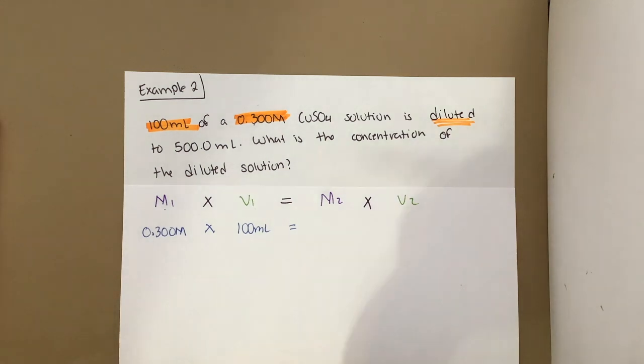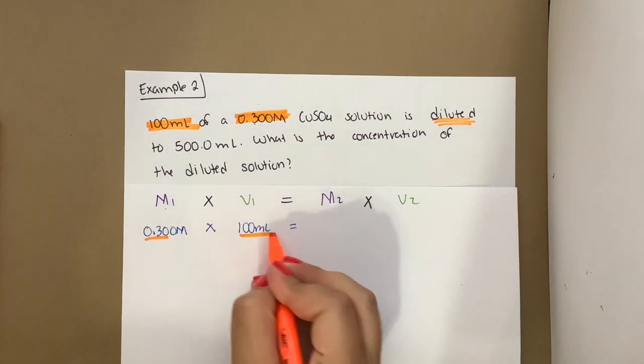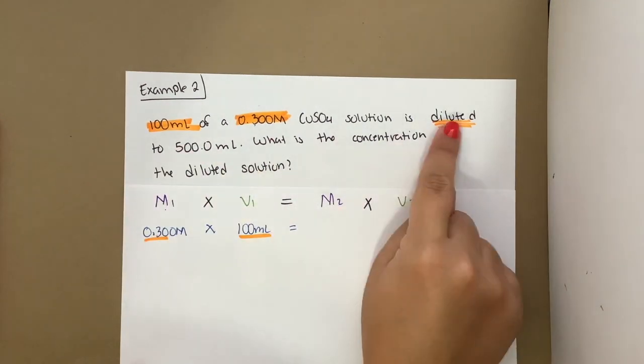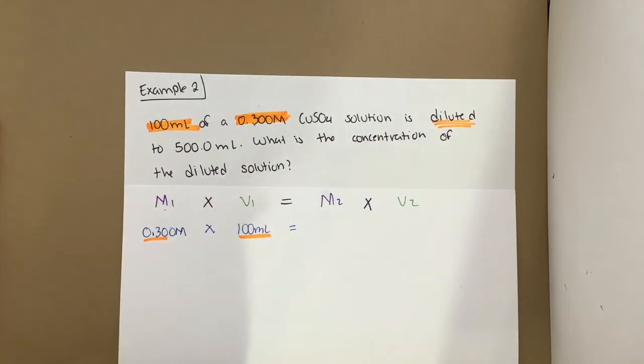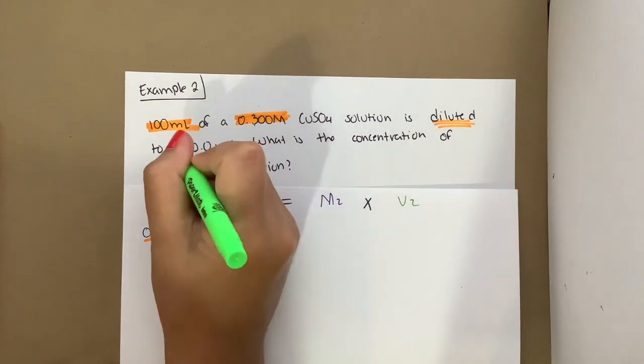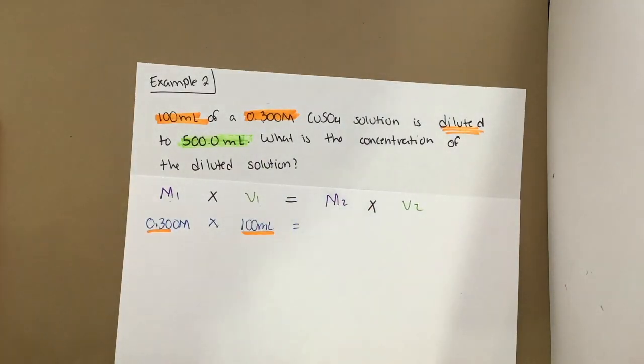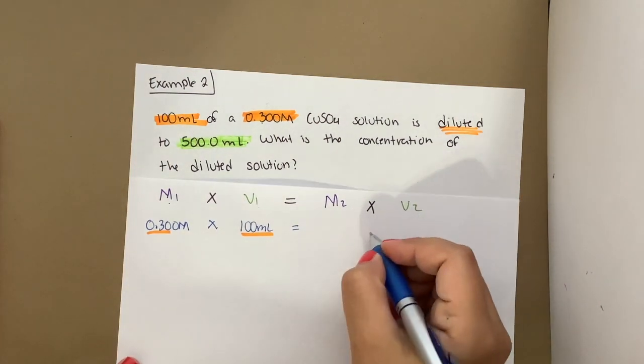It's diluted to 500 milliliters. That is going to be my final volume.